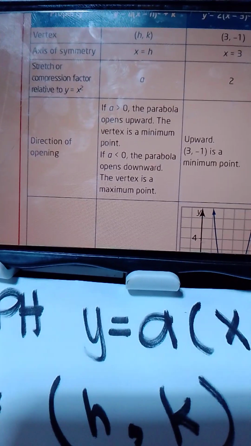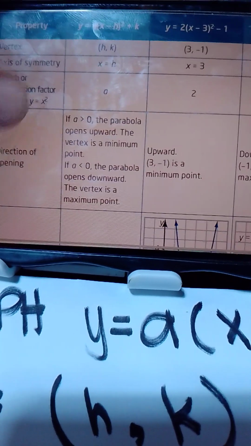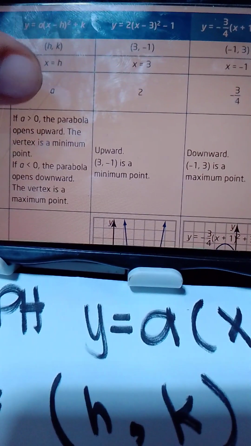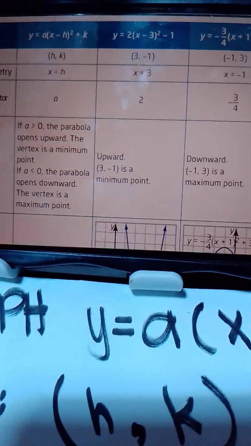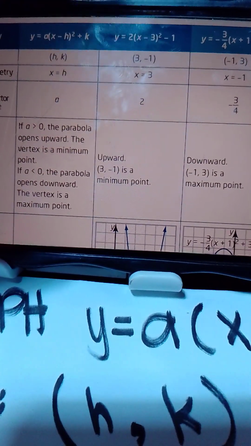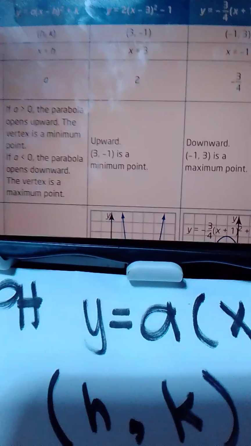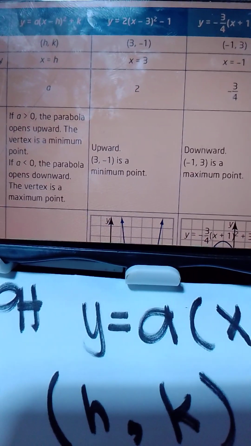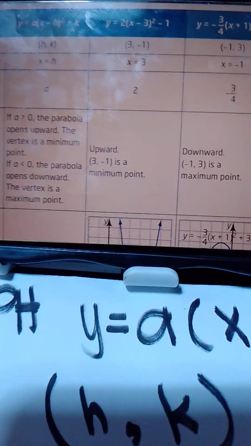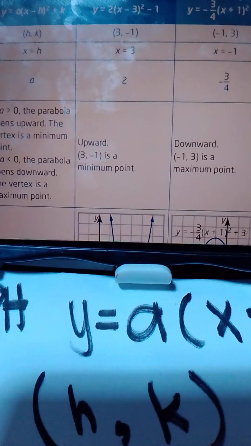And then for the direction of opening, if our a is greater than 0, or positive, the parabola opens upward, and we'll have a minimum point.